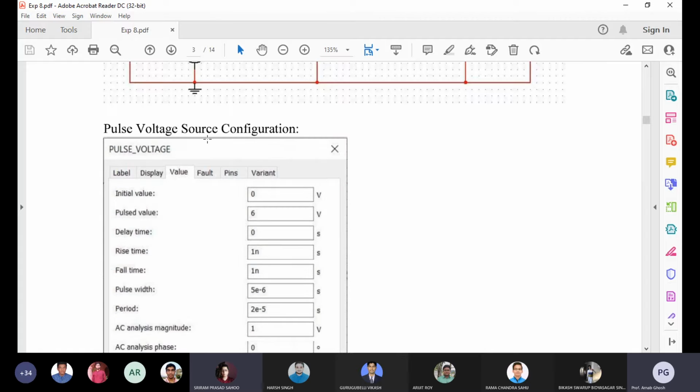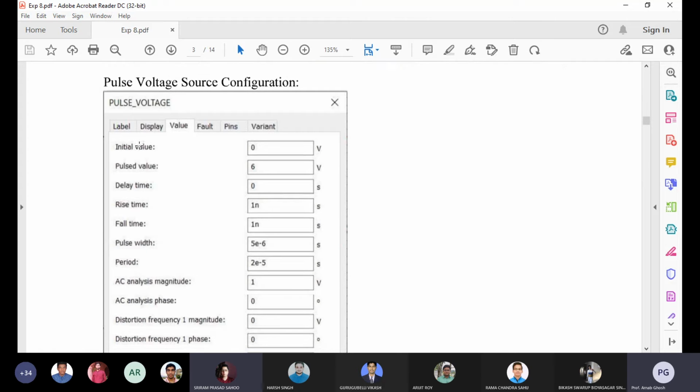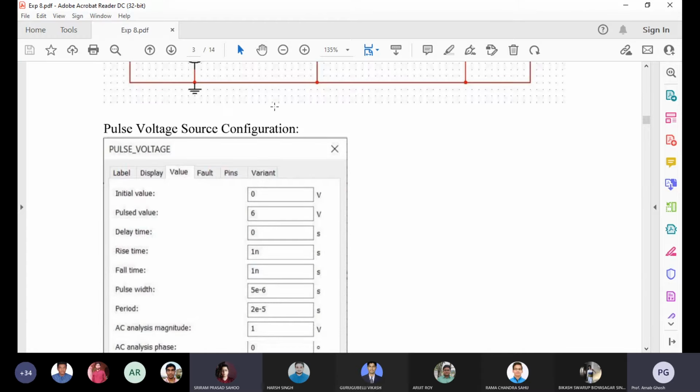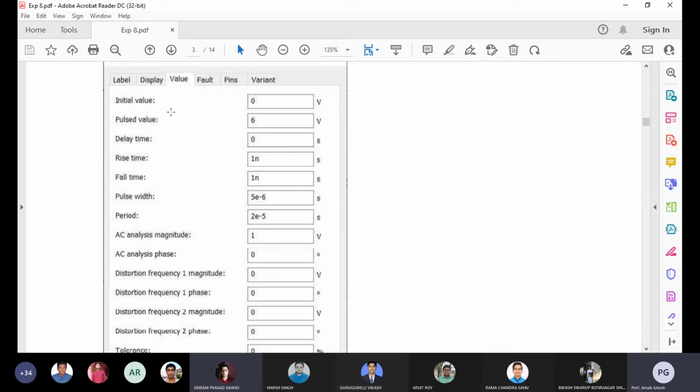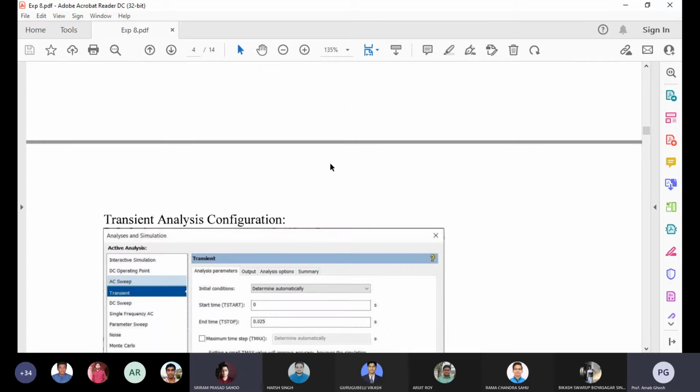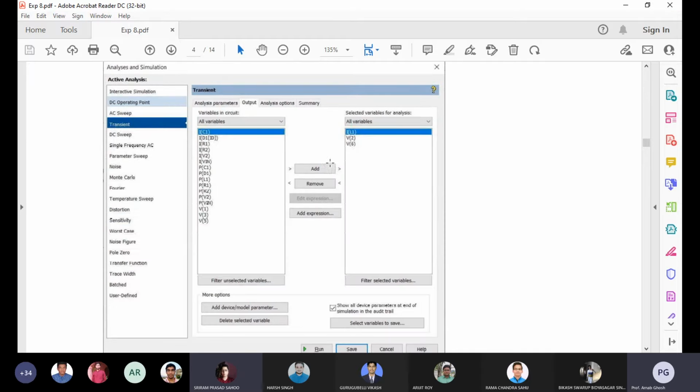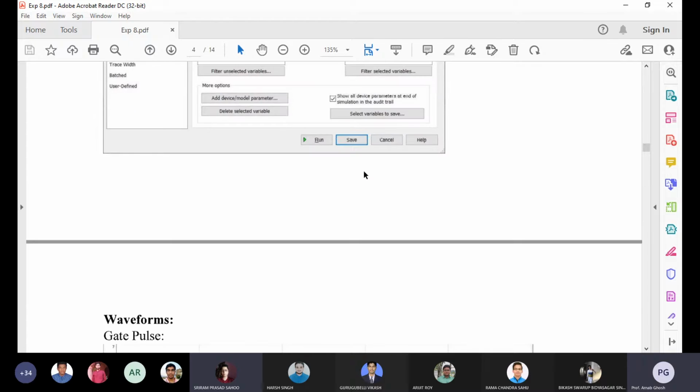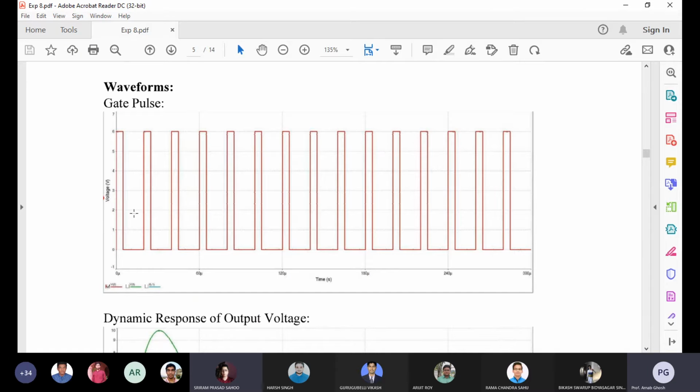For your help, when you are designing your circuit in NI Multisim, you can directly take these parameter values for the simulation. Here we can see the waveforms of the gate pulse.